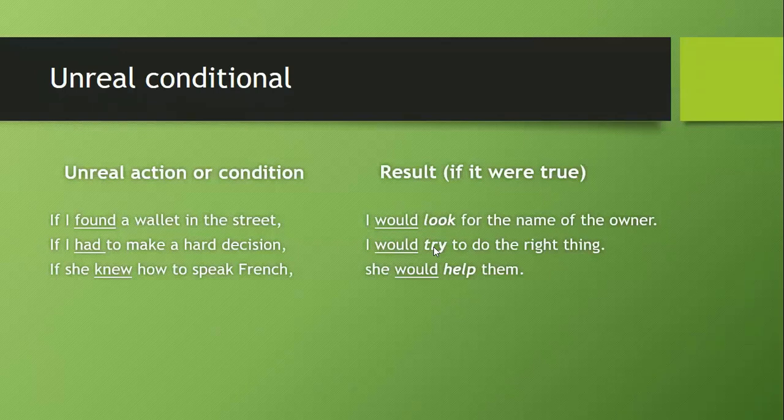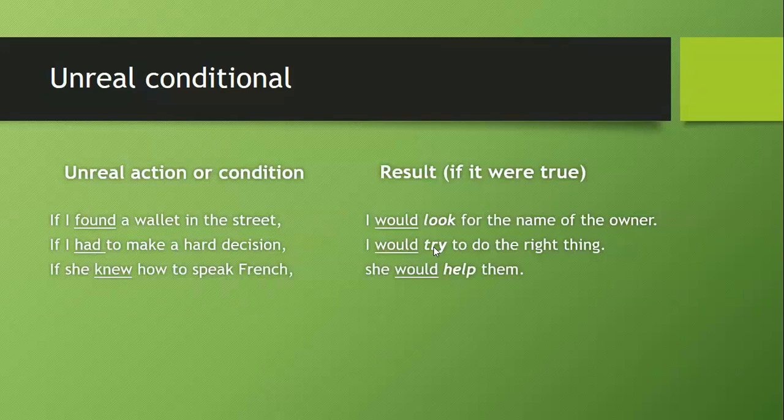Probably in this case we have someone or some people from France and they don't speak English. They do speak French. Then if she knew how to speak French, she would help them. She doesn't know how to speak French. Then she will not be able to help them.